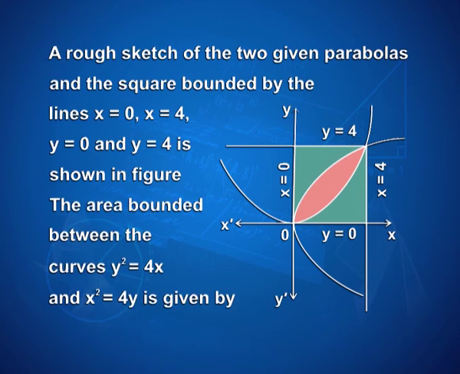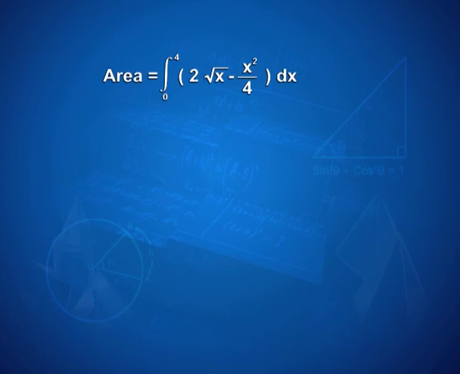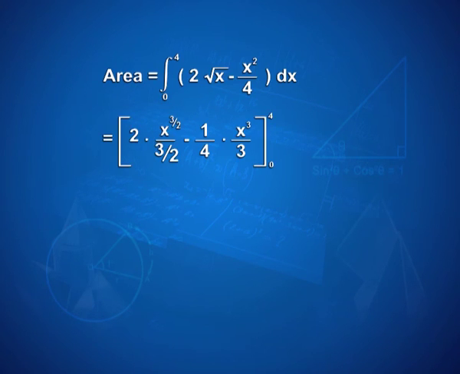The area bounded between the curves y square is equal to 4x and x square is equal to 4y is given by integral 0 to 4 of (2 root x minus x square upon 4) dx, that is equal to 2 into x to the power 3 upon 2 divided by 3 upon 2 minus 1 upon 4 into x cube upon 3 with limits 0 and 4.